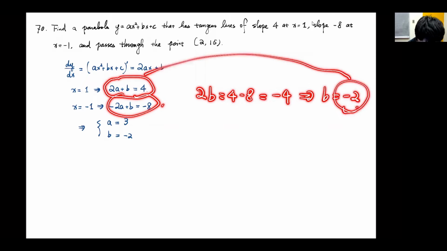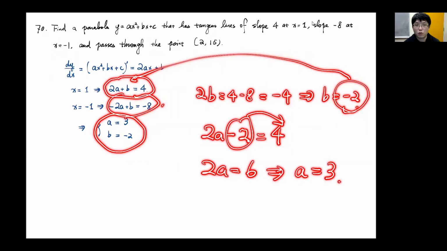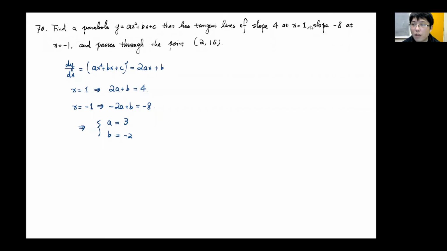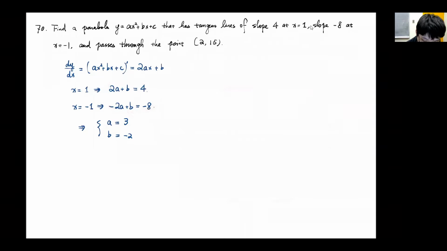When you plug b equals -2 back in, you get 2a minus 2 equals 4. Moving this to the right, you get 2a equals 6, and that tells me a equals 3. I believe in the test, you should still try to write down the details as just shown here, but allow me to be lazy in this supplementary video.